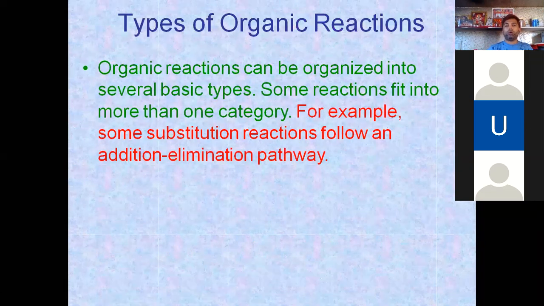Now we'll discuss the types of organic reactions: addition reactions, substitution reactions. We know organic reactions can be organized into several basic types. Some reactions fit into more than one category. For example, some substitution reactions follow an addition elimination pathway.